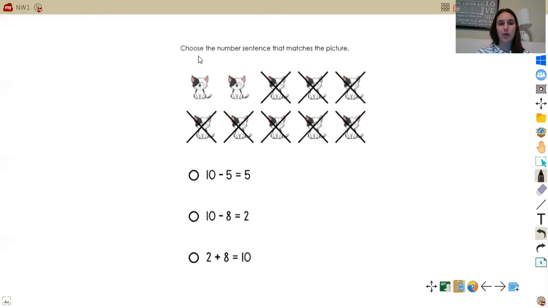So let's label 1, 2, 3, 4, 5, 6, 7, 8, 9, 10. So I see that all together there were 10 kittens to begin with.